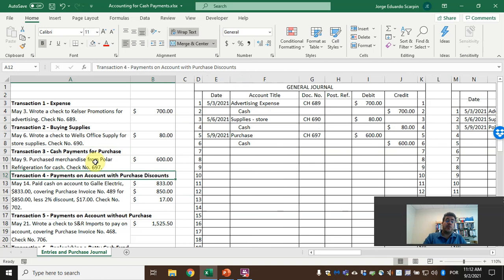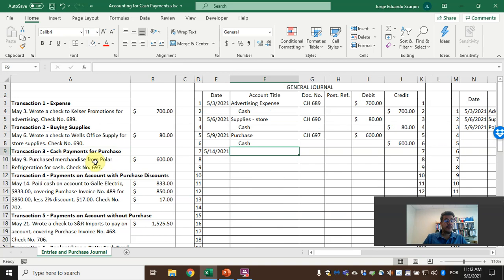Now, the hardest one. Payment on account with purchase discount. So here on May 14th. Cash payment to Gale Electric. So we are paying accounts payable. Check number 702. And then what are we paying? We are paying $833.